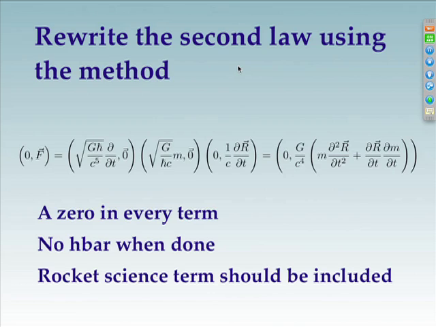I wasn't taking a time derivative and a space derivative. I wasn't dealing with velocity and whatever would go in the front of that. Then I just multiply that out, and I do get the rocket science term out of that, which of course should formally be included, but most people don't do rocket science.